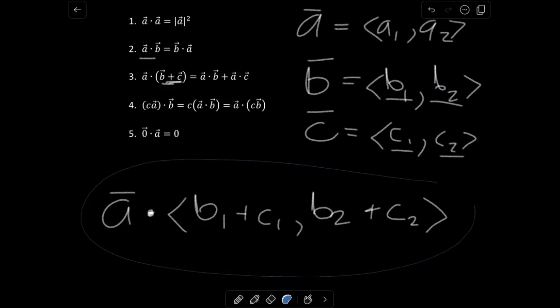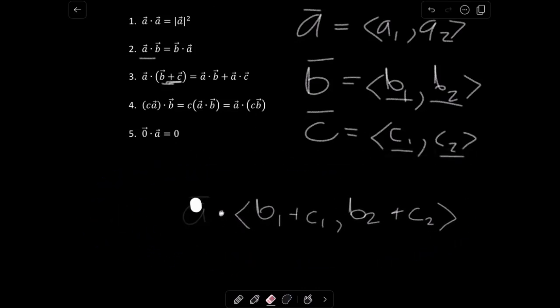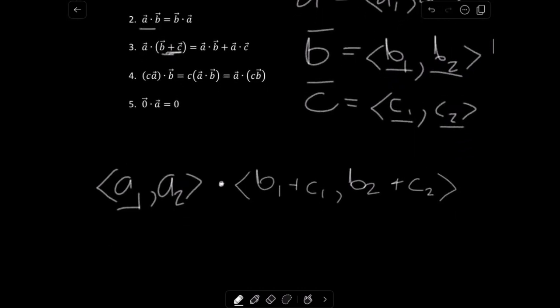Easy, right? And then what we're going to do is, A, we need to have A1 and A2. I'm just writing out the components of A. So it's vector A dot B plus C. And now we just need to perform this dot product operation. So we'll take A1 and multiply it by B1 plus C1.